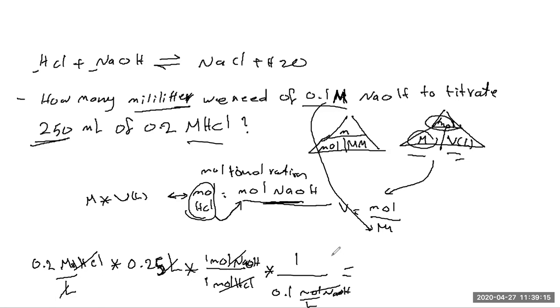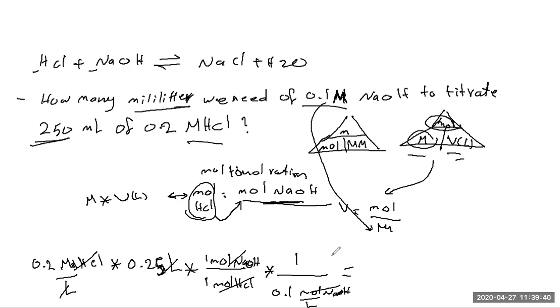Do the math. Here we will get 0.2 times 0.25 divided by 0.1, we will get 0.5.